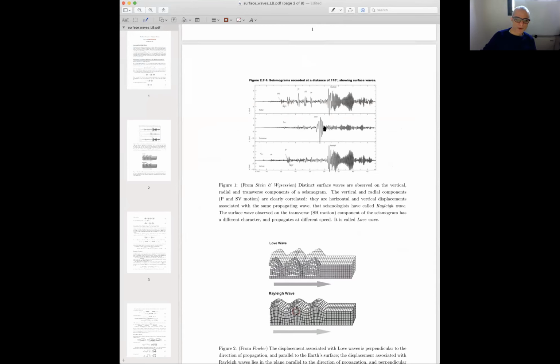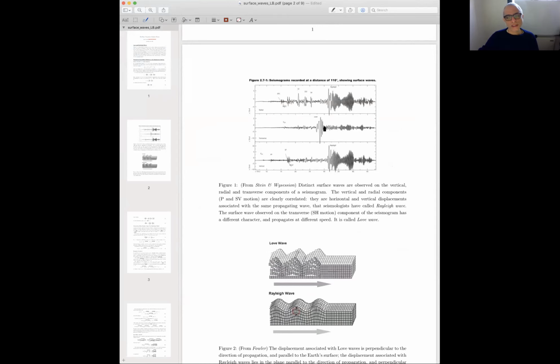It would be very time consuming, even if I had more time, to go through both Rayleigh and Love derivations. There are plenty of books where you can find those if you're curious, if you need to understand better.